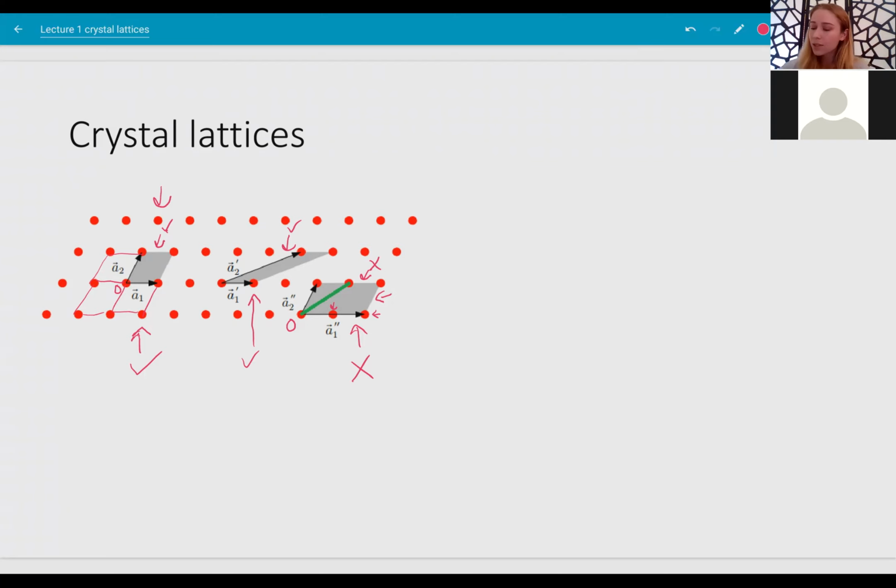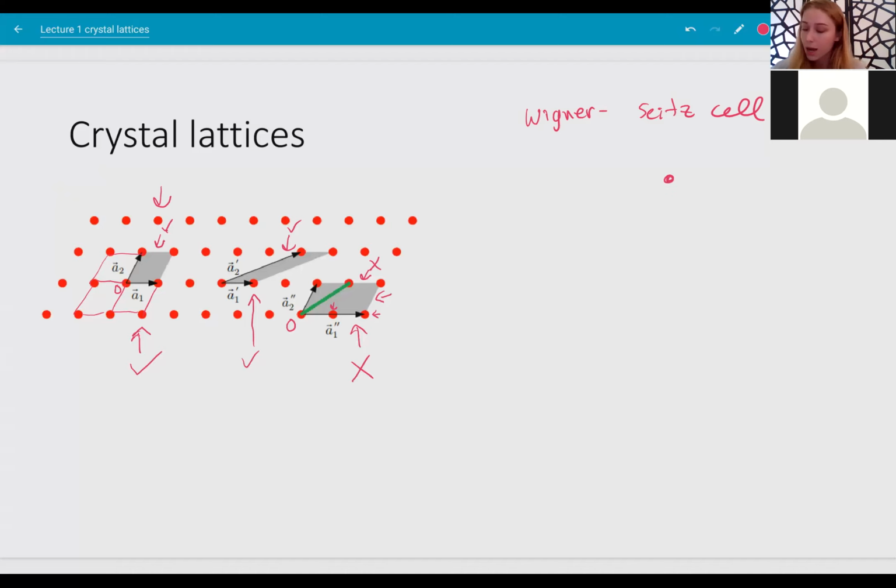But anyway, the more formulaic method is called the Wigner-Seitz cell. And this is a specific method for constructing a primitive cell.